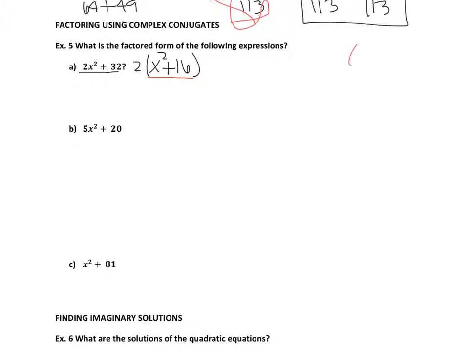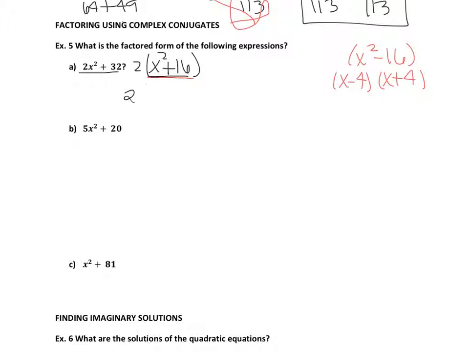Remember, back when we worked on factoring, if I gave you x squared minus 16, that is a difference of squares, which means everything has a square root, and we can break it down to x minus 4, x plus 4. So if I can break down x squared minus 16 into x minus 4 and x plus 4, what do you think I can break x squared plus 16 into?